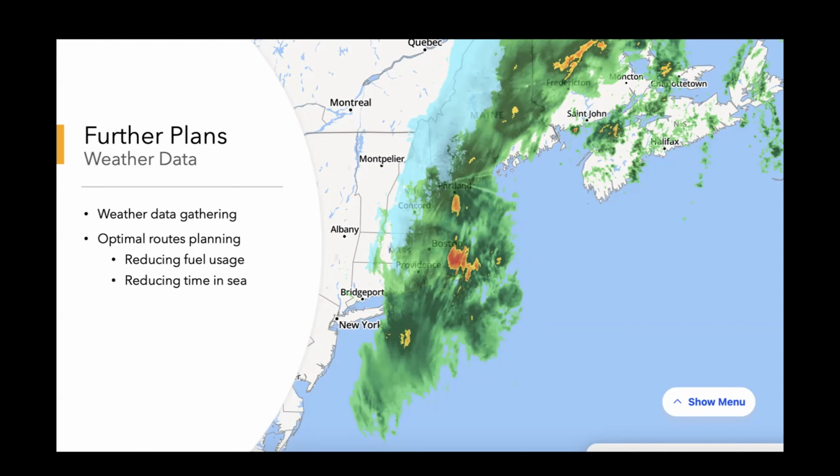Based on this data, there will be optimal path planning to get the shortest path between port and farms by taking into account weather conditions. For example, storms should be avoided. That should reduce time at sea and fuel usage.